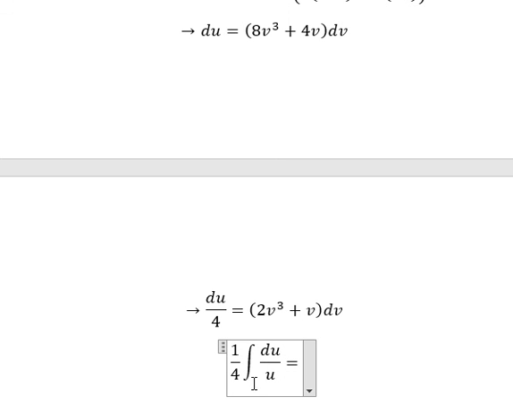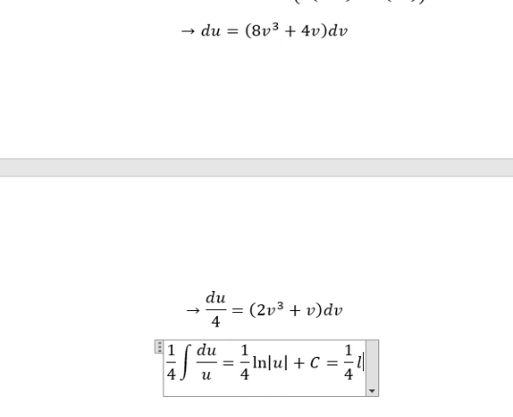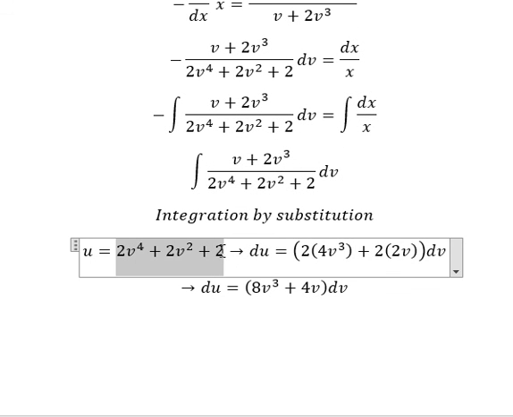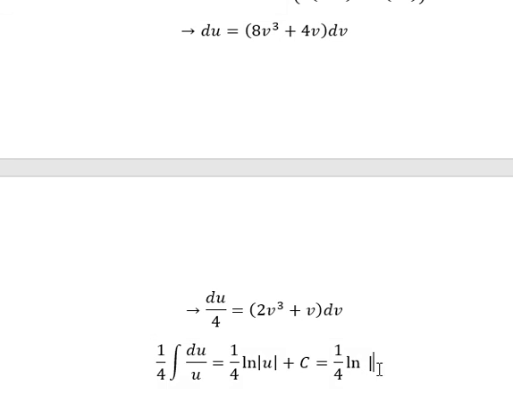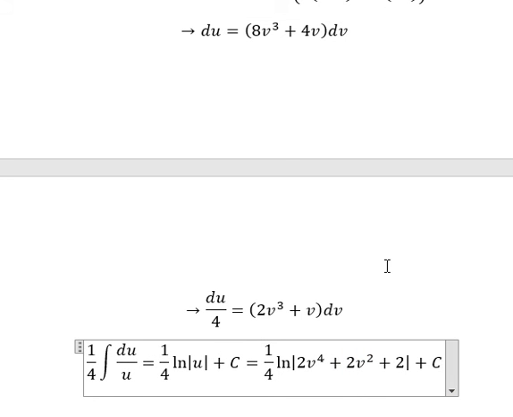The integration of u over u, you get ln of the absolute value of u, and we put c. About u, that is this one. And we put c.